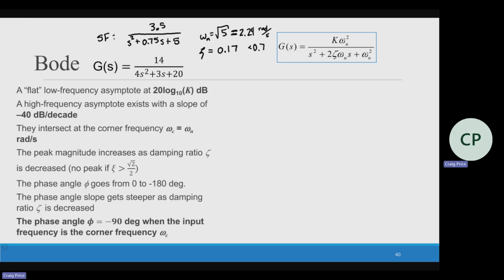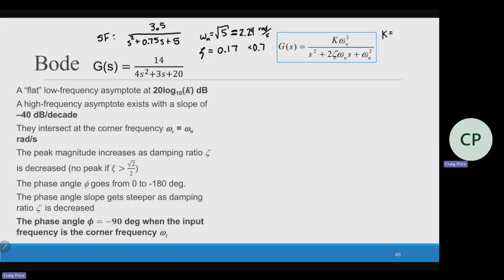Now, the other thing I need to figure out is, natural frequency is the same thing as the corner frequency. That's where this thing turns the corner. That's where the phase angle hits the halfway point, which is -90. The other thing I need to figure out is what is K? What'd you get for K?